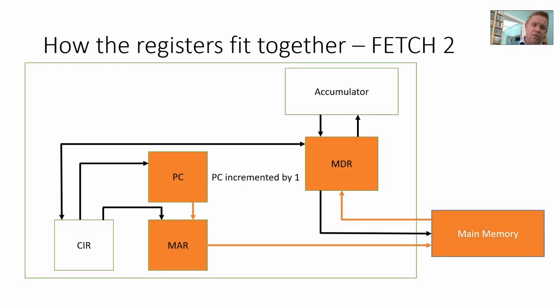Next, the memory address register accesses the main memory at the address that has been given and retrieves from the main memory the instruction, which is then passed to the memory data register. And at the same time, the program counter, which has to keep moving forward with each cycle of the processor, is incremented by 1.